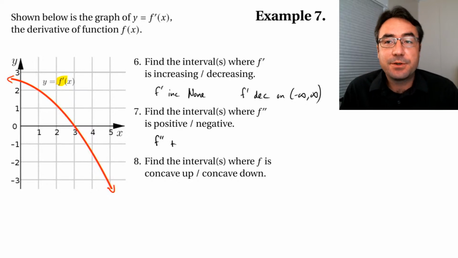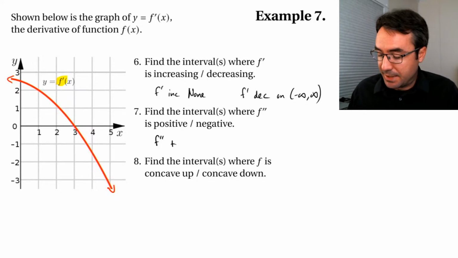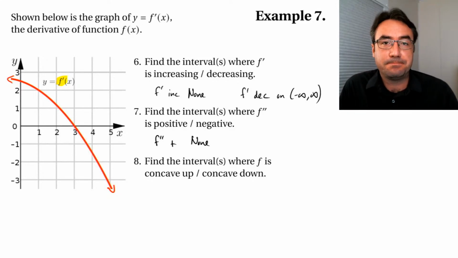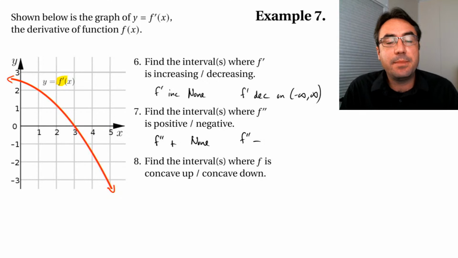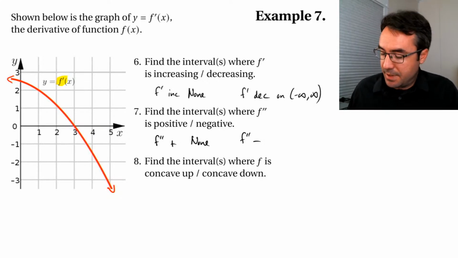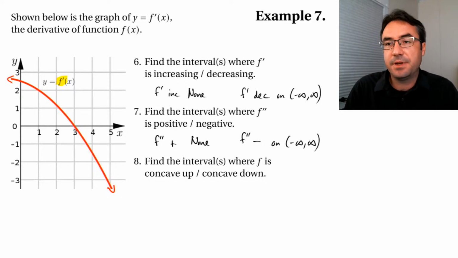But if f prime is never increasing, that means f double prime is never positive. So there's no interval where f double prime is positive. And if f prime is decreasing, that must mean f double prime is negative there. So f double prime is negative on the interval from minus infinity to positive infinity.